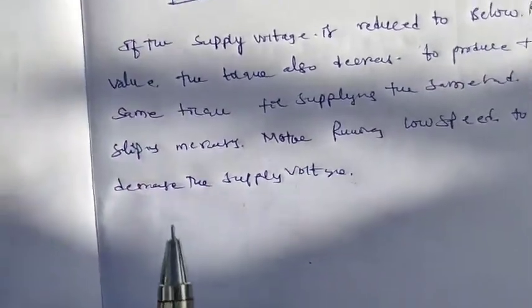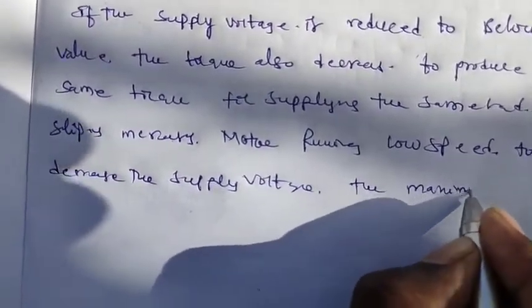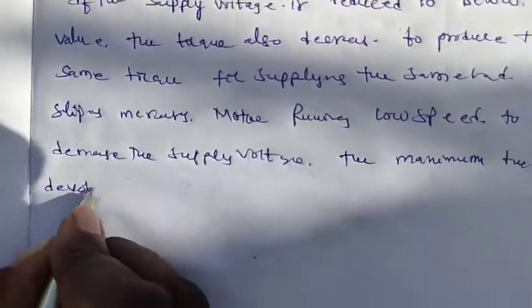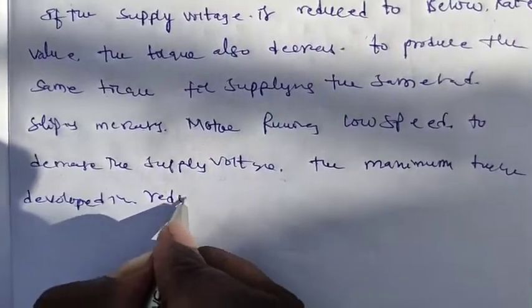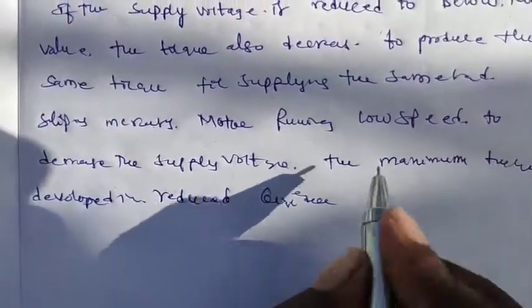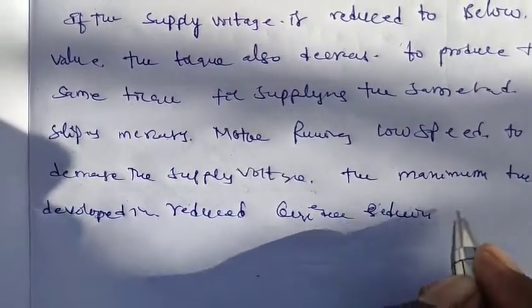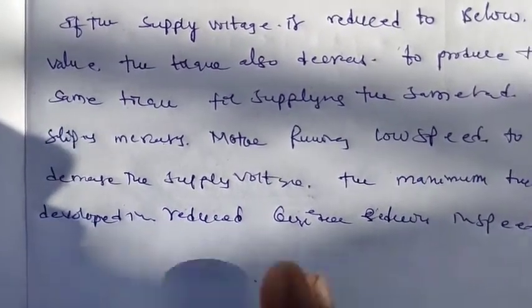The maximum torque developed is also reduced considerably, along with the reduction in speed. The torque characteristics for the reduced supply voltage are like this.